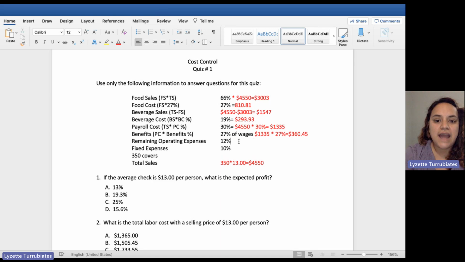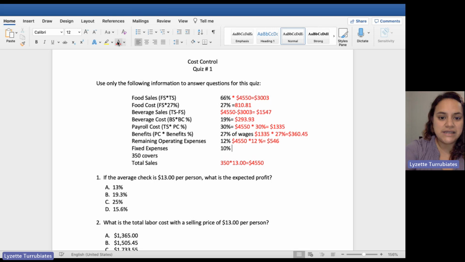Okay, and then now we're going to figure out the remaining operating expenses. So the rest of these we're going to multiply by our total sales. So this is going to be 450 times 12% equals 546.